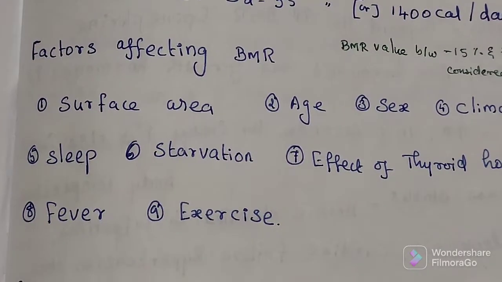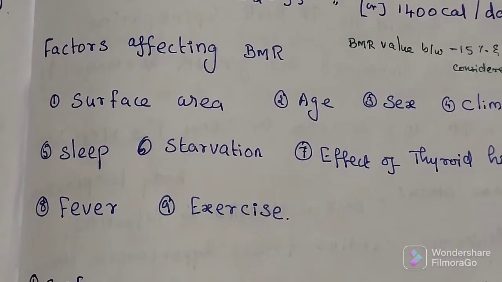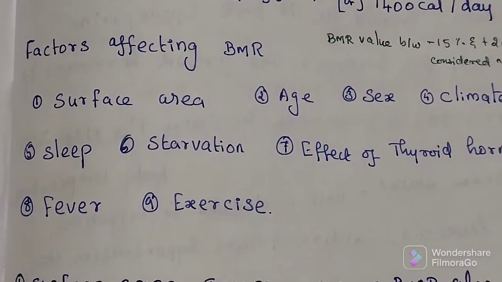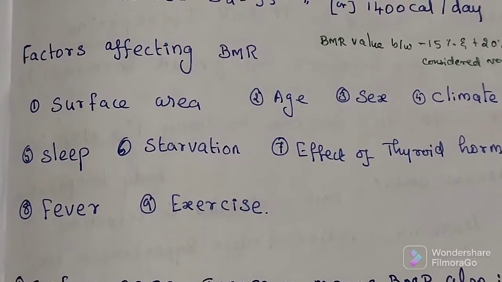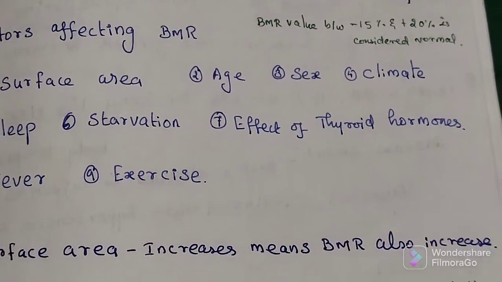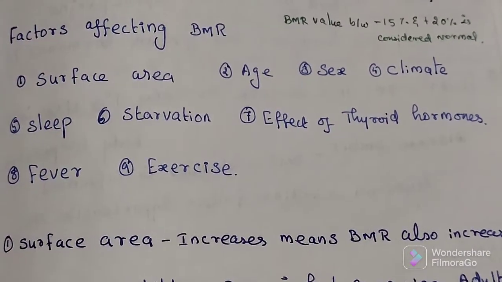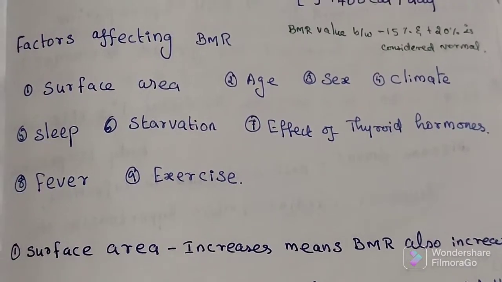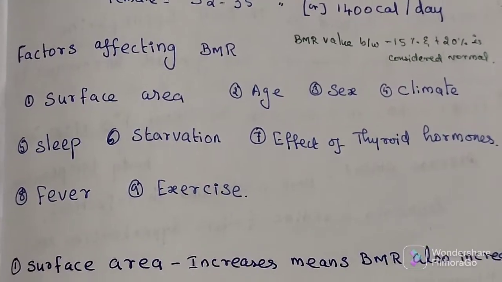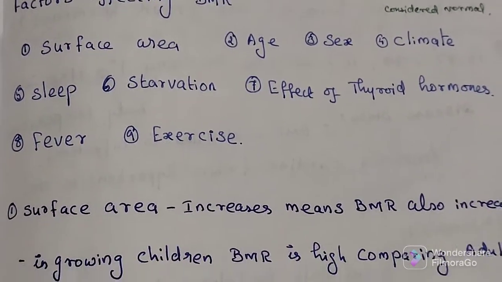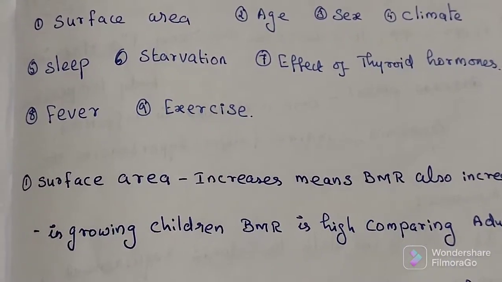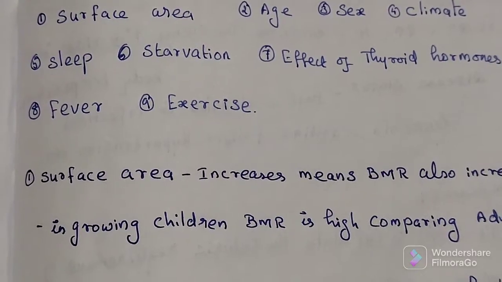Next, coming to the factors affecting BMR. There are various factors, for example surface area, age, sex, climate, sleep, starvation, effect of hormones, fever, exercise. First one is surface area. Taller individuals have higher BMR compared to shorter individuals.